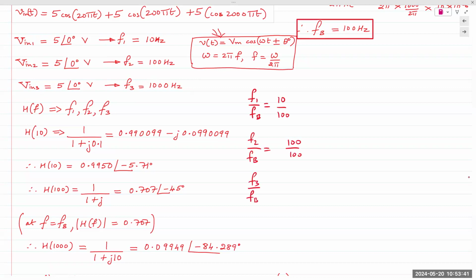And f3 over fB gives you 1000 over 100. You reduce those, you get an expression for H of 10, sorry, H of 100 and H of 1000.